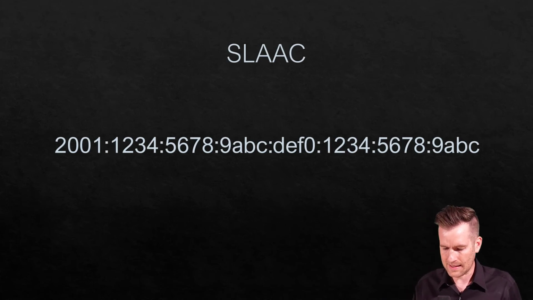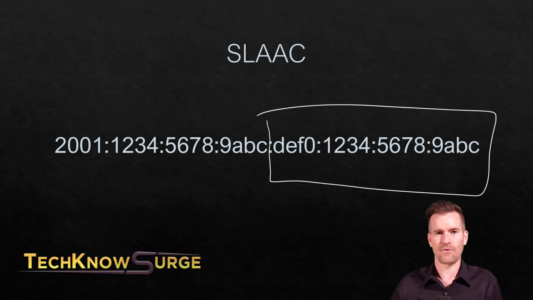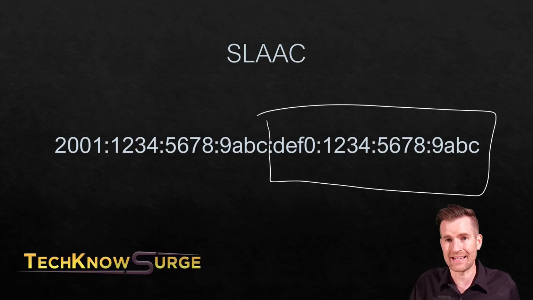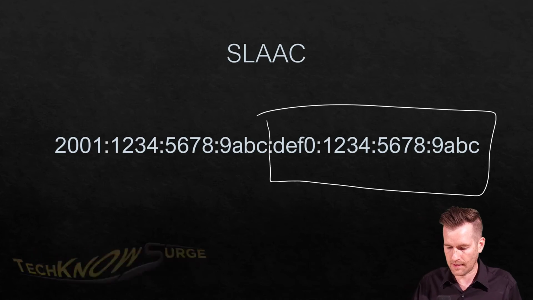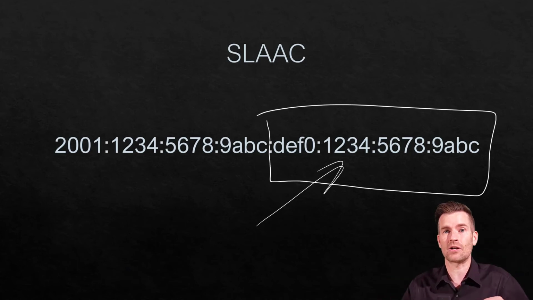And how it does that is it has these interface bits. The last 64 bits of this address right here is the interface bits. And your machine already, with the link local, has a mechanism to generate something that's going to be unique on the local network.